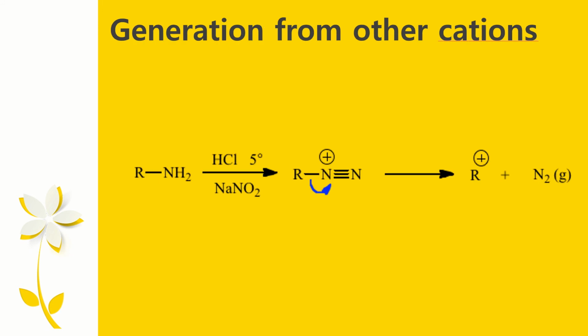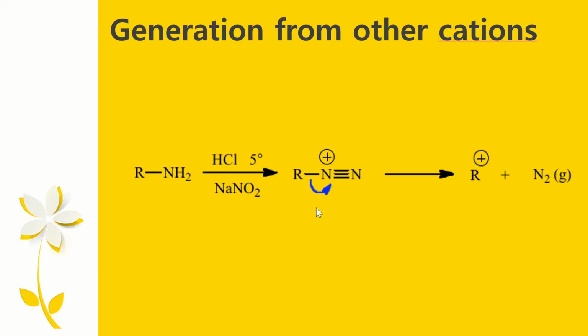And then finally, the generation from other cations, right? So we have the reaction here where we see a primary amine forming a diazonium ion.